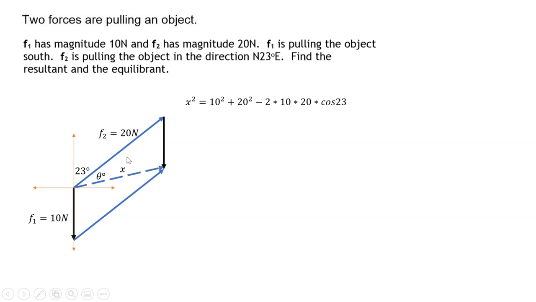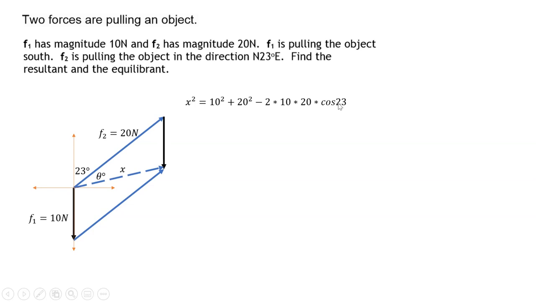This side here, remember, is the 10 Newton line, and we can use the 10 as being the magnitude of the line, and the 20 Newton line right here, right? And when we're using the cosine law, we take the two, and the angle between them would be this angle right here, by the way. We're going to be taking 10 squared plus 20 squared minus 2 times 10 times 20 times the cosine of the angle between them.